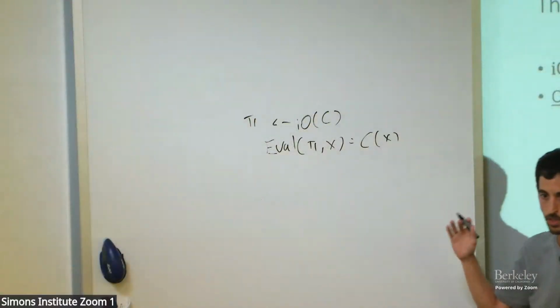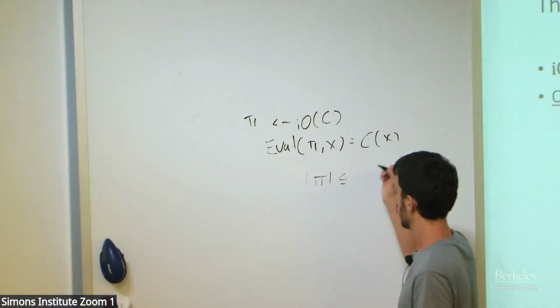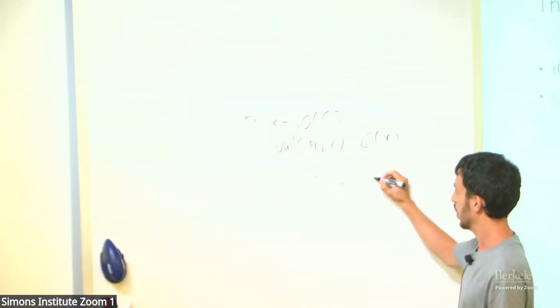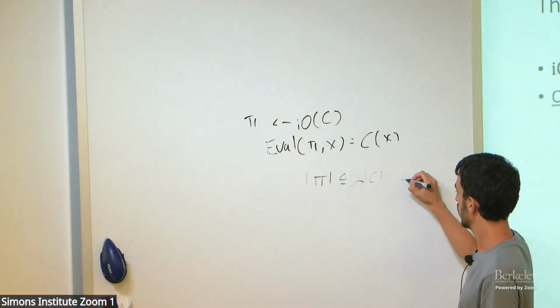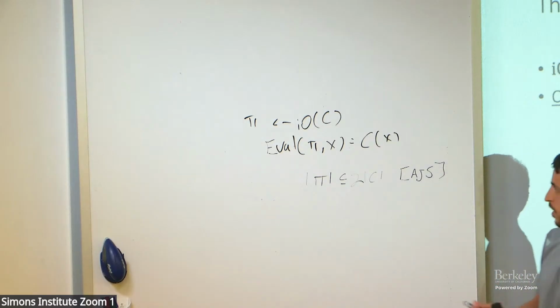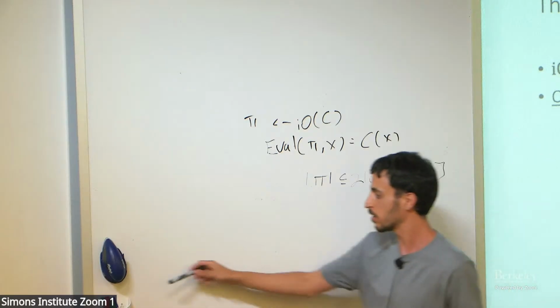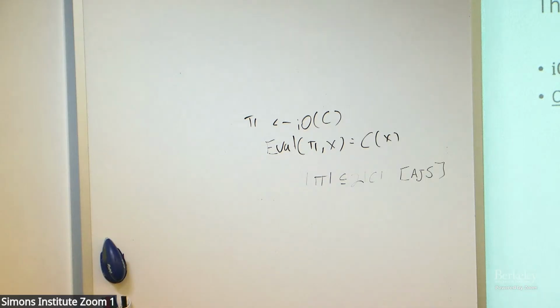And there are works that minimize the size of pi compared to the size of C. You can show that the size of pi is at most 2 times the size of C. This is AJS. But the running time of this eval is some polynomial. So if you try to construct a circuit from it, the circuit can actually be very large. So I care about the true efficiency, in the same model as the original circuit.